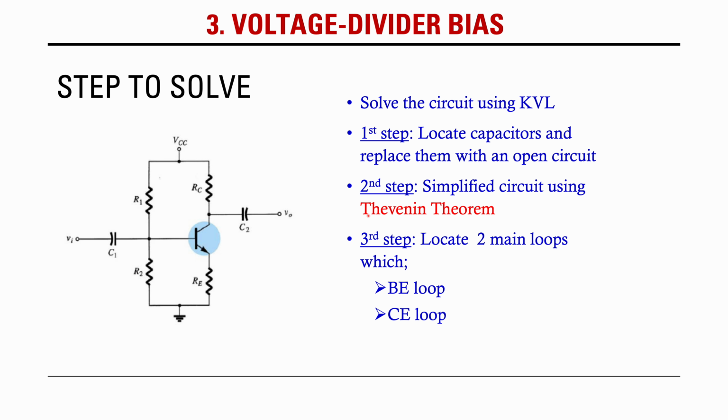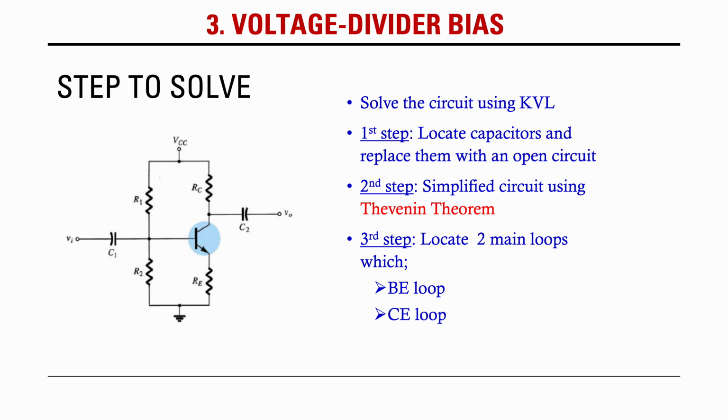We need to simplify using the Thevenin theorem, and then only you can locate the BE loop and the CE loop, because now at your base it will only have one resistor. By using the Thevenin theorem, R1 and R2 will become only one resistor, so you can calculate your BE loop. Next, you can proceed with your CE loop.